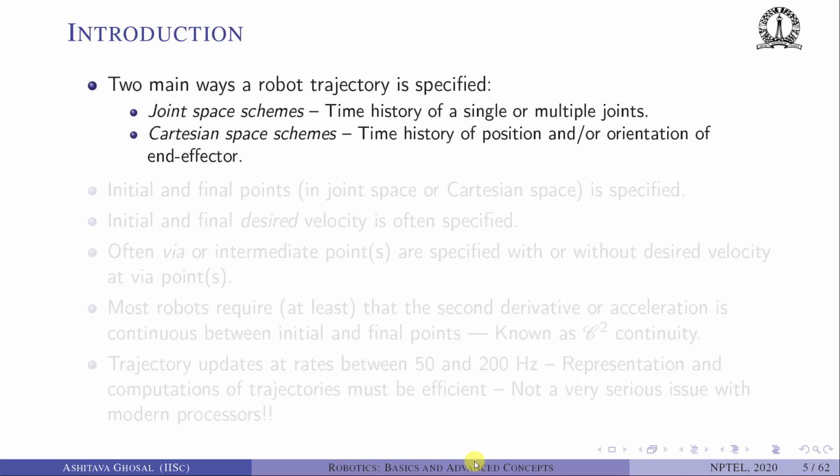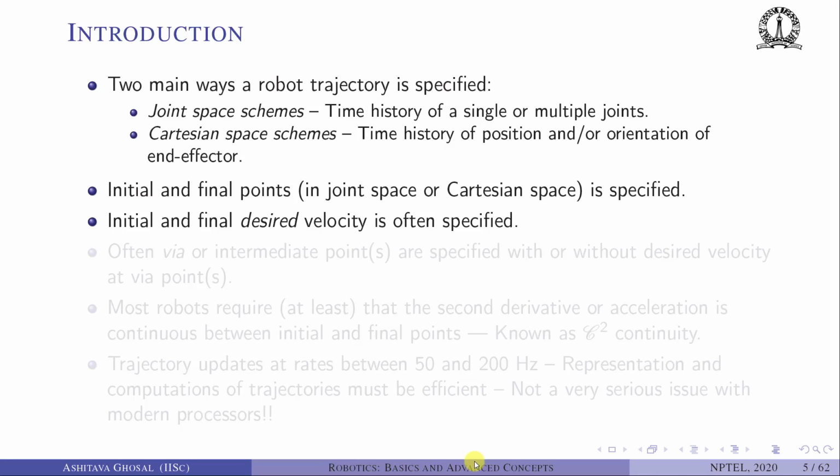So there are 2 main ways a robot trajectory is specified. The first is joint space schemes, which basically means the time history of a single or multiple joints as a function. In Cartesian space schemes, the time history of position and or orientation of the end effector is specified. And what is typically specified?